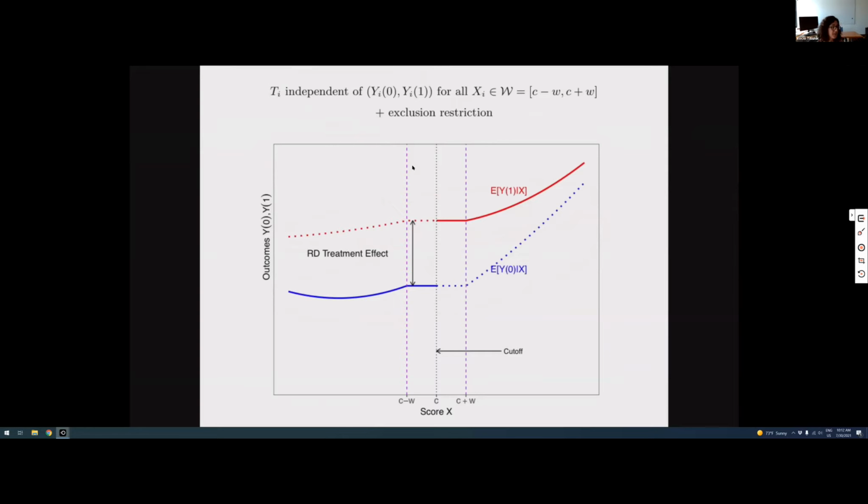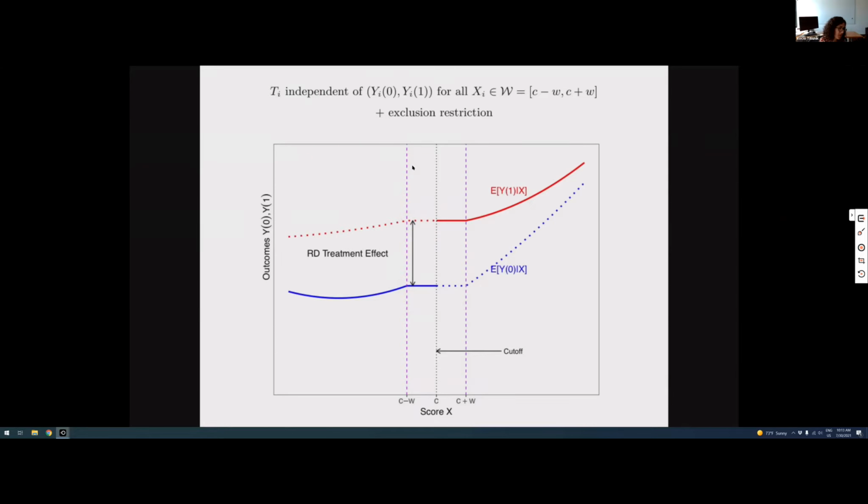In the local randomization approach, we do something a little bit different, and I'll come back to talk about this by the end of the presentation. We basically assume that there's some window. We define the average treatment effect in this entire window, and we assume that in that window the regression functions are not functions of the score, and that's going to allow us to estimate and recover treatment effects.